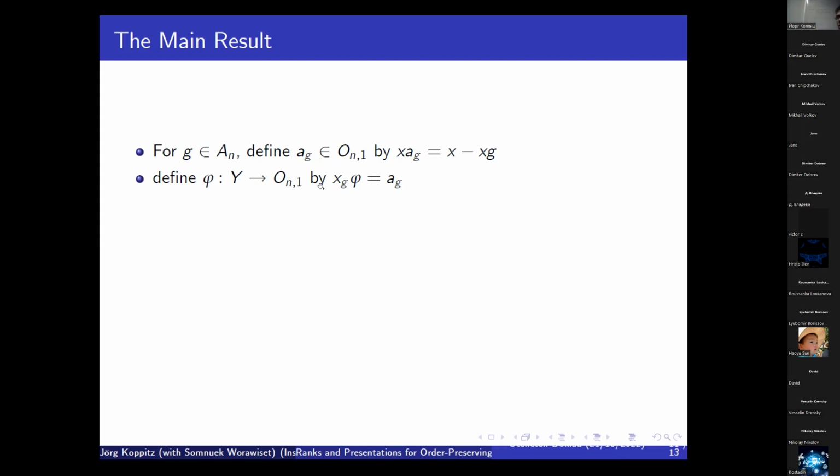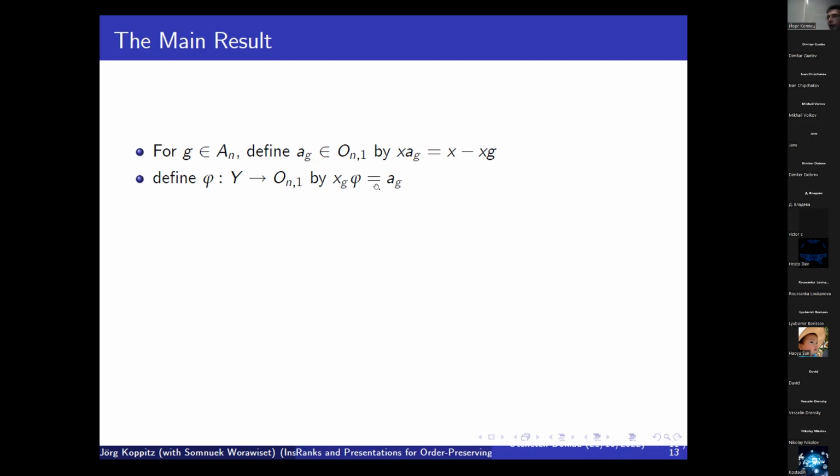So, okay, then we define this. Here you have this variable xg, and this maps to the transformation ag. We have shown this mapping is well defined. It means this ag is really an element in ON1, that we have checked.